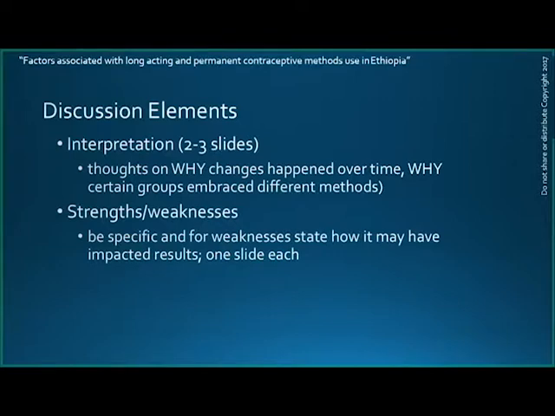So that would be important to point out, to be as specific as possible about what the limitation is and how it may have impacted your results. Now, you won't always know this information, but if you do, I would definitely include it. And the same goes for your research manuscript as well.